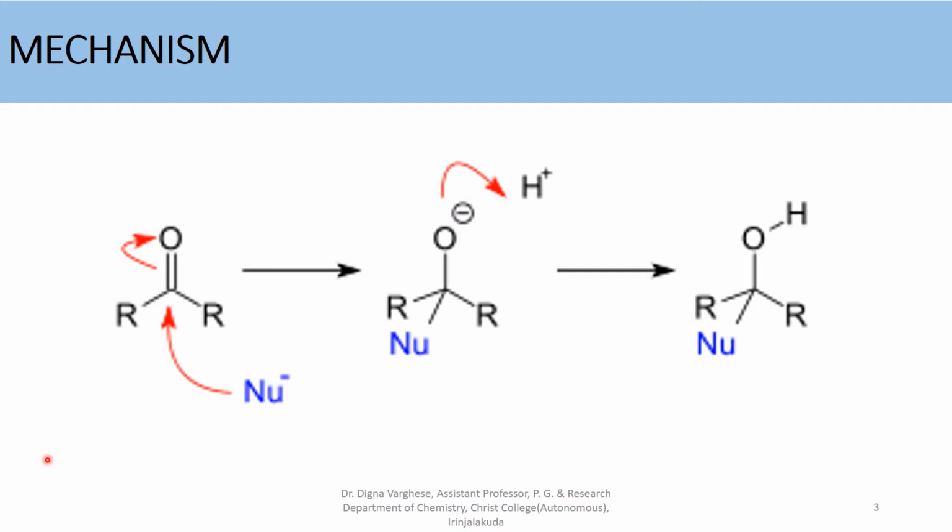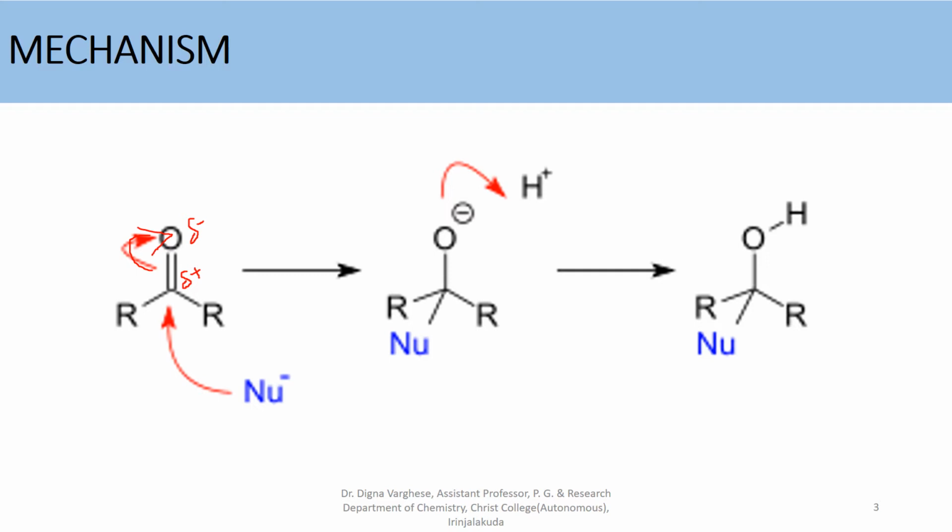We know the carbonyl group is polar due to the electron shift towards the oxygen atom. So the oxygen atom acquires a partial negative charge and the carbon atom acquires a partial positive charge. Due to this polarity, the carbon atom is electron deficient, or electrophilic.